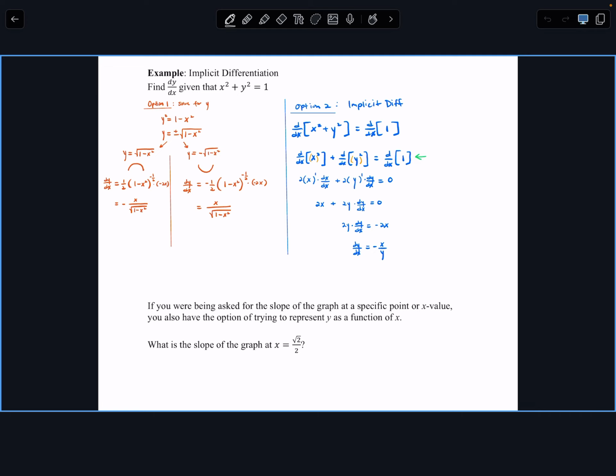Remember what we did over here: we solved for y. So we had the two equations that make up the circle, and then we found dy over dx for each of those equations. Versus over here, using implicit differentiation, we found just the one formula that can find the slope of the tangent line for any point that lies on the circle, which feels a lot more efficient, right?